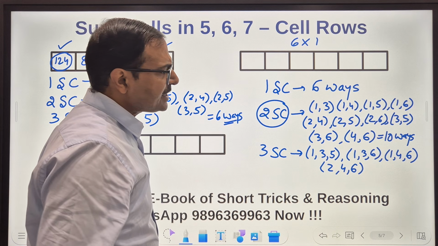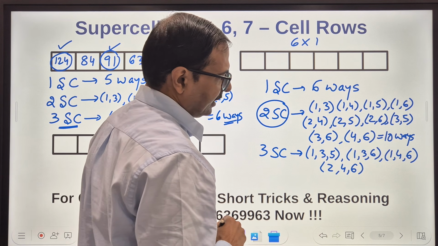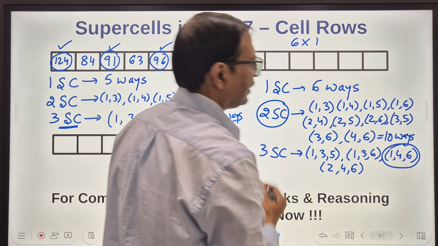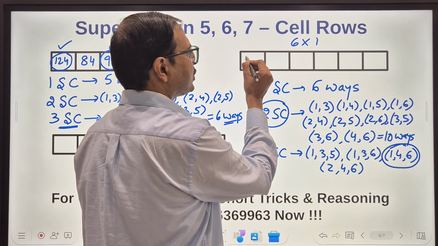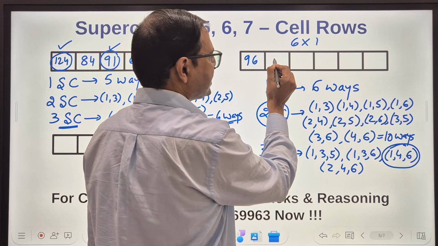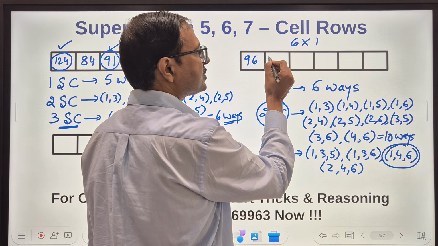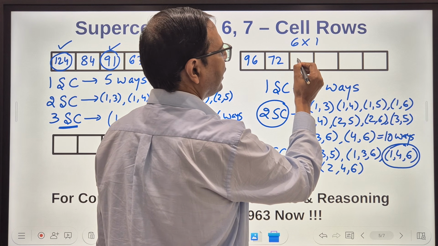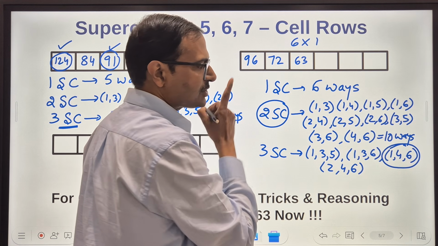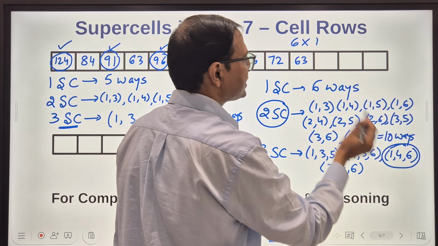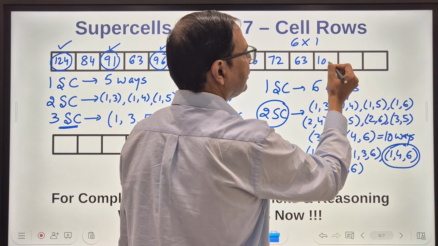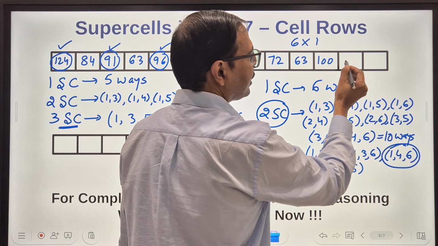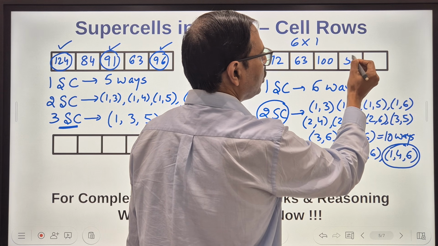So let us take a case where 1, 4 and 6 are supercells. 1 is a supercell, so 96. So this has to be smaller. 2 is not a supercell, so 72. 3 is not a supercell, so how about taking 63? That is also not a supercell. 4 is a supercell, so maybe 100, right? And since it is a supercell, it will have a smaller neighbor, so maybe like 52.